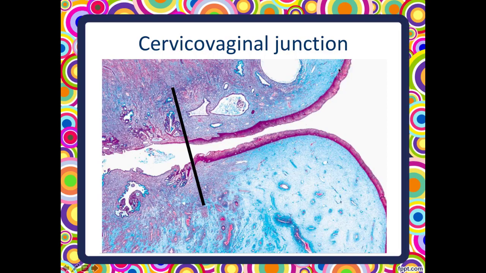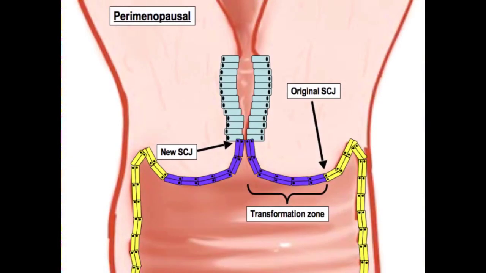Then during life, after that, it shifts back within the endocervix, and the part between the original and the other cervicovaginal junction, which is then again covered by stratified squamous epithelium, is called the transformation zone.